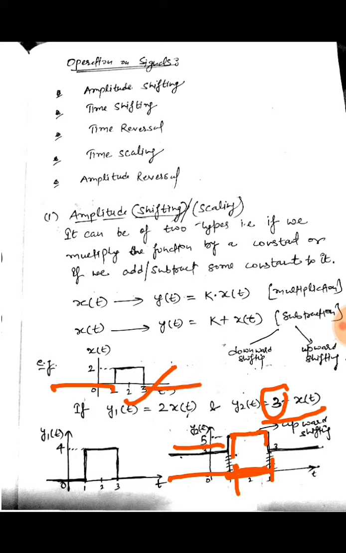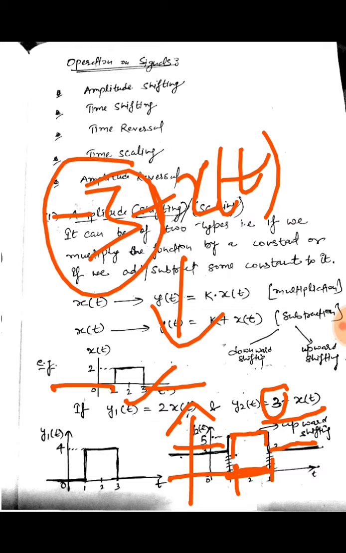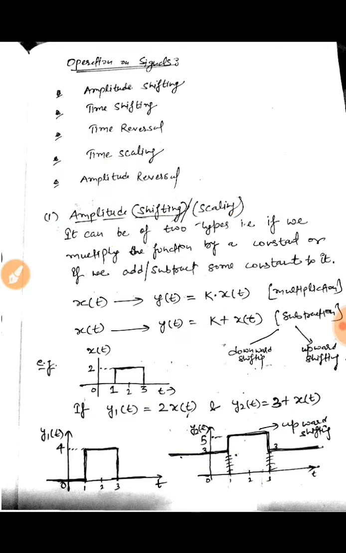And again after t greater than 3, it was 0, so it would be 3 again, as 3 would be added to the signal xt. So it is an example of upward shifting, that is the whole signal has shifted upward. If it was minus 3 plus xt, then the whole signal would have shifted downward by 3 units. Okay, so this is an example of amplitude shifting, and the earlier one is the example of amplitude scaling.